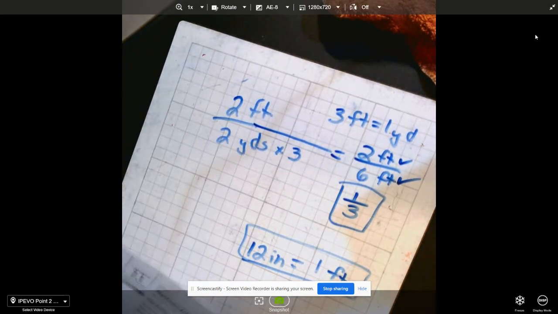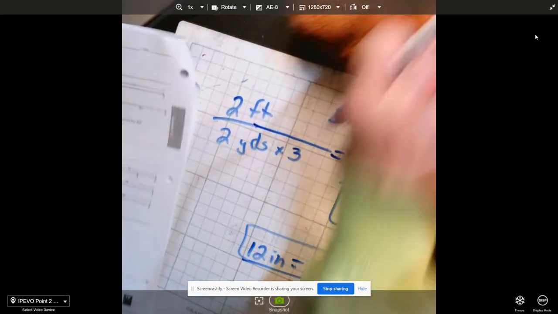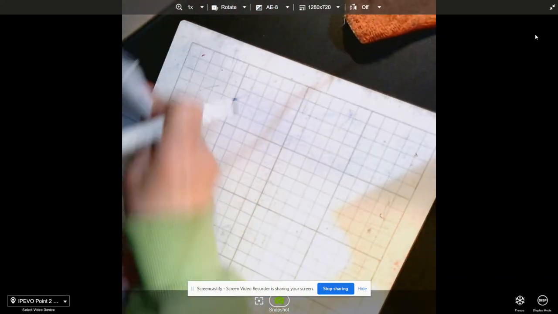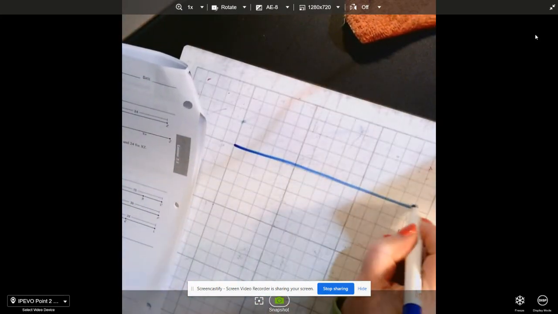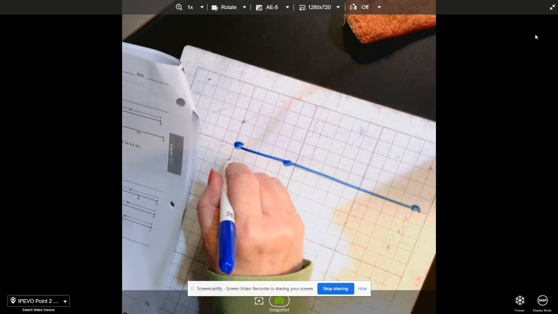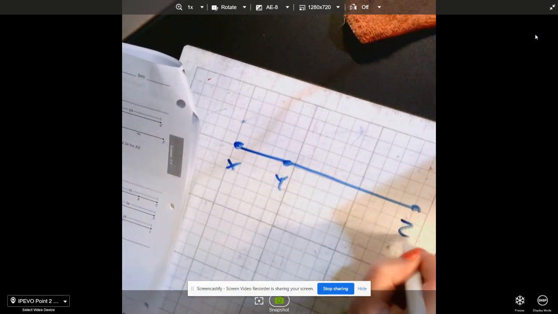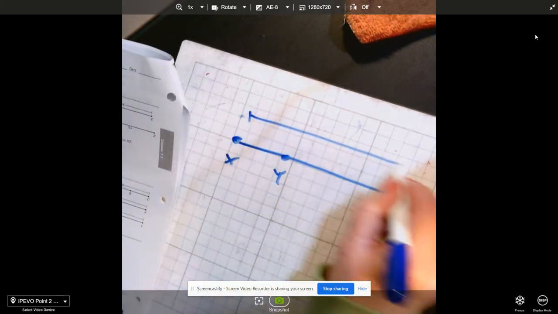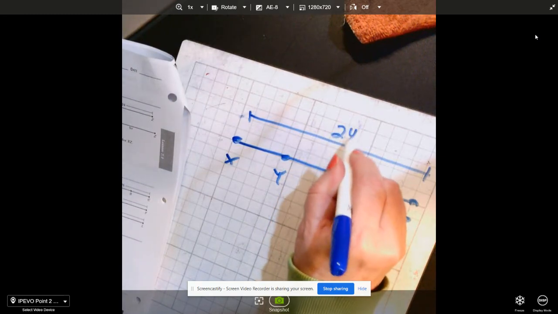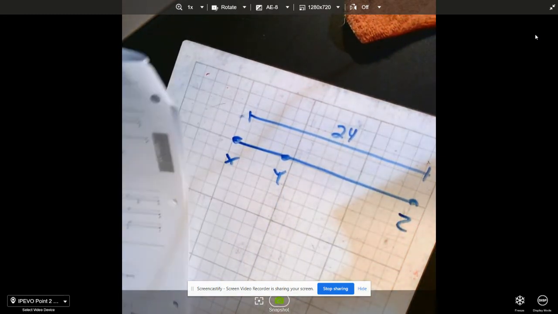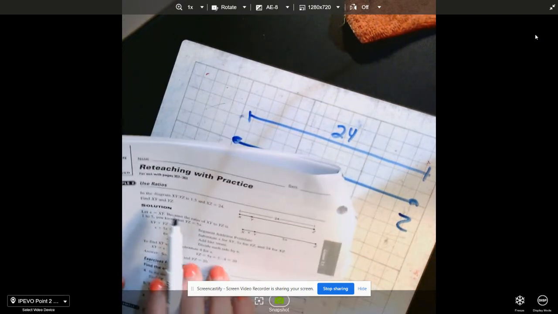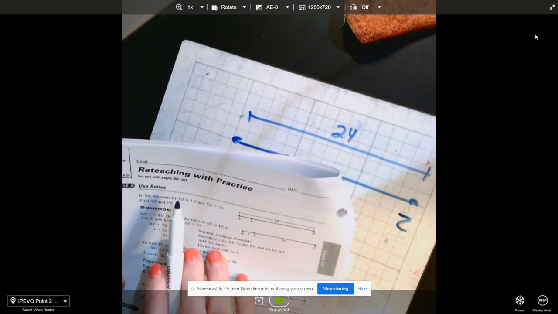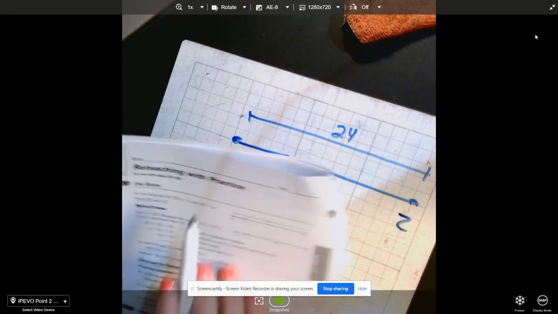But I want to continue on to the practice here and show you how they use it in an example. They have a diagram here, and they say the whole length, X, Y, Z, is 24 inches, 24 feet, it doesn't matter, 24 units. And they tell you in here that the ratio of XY to YZ is 1 to 5.